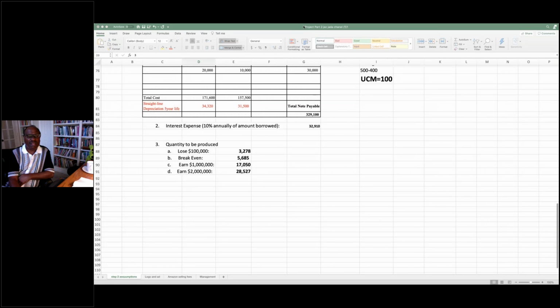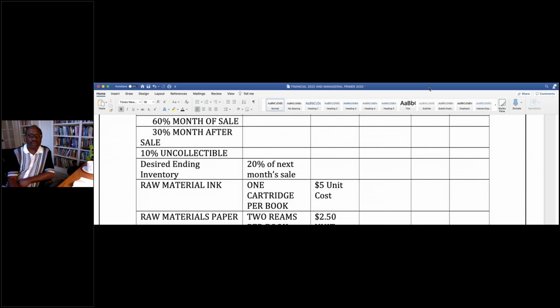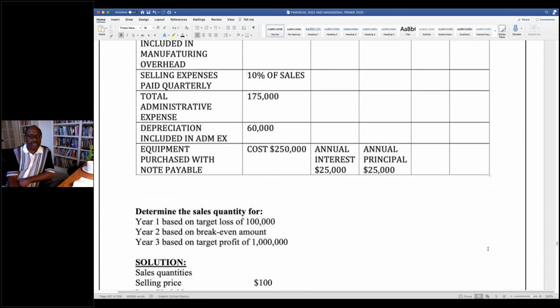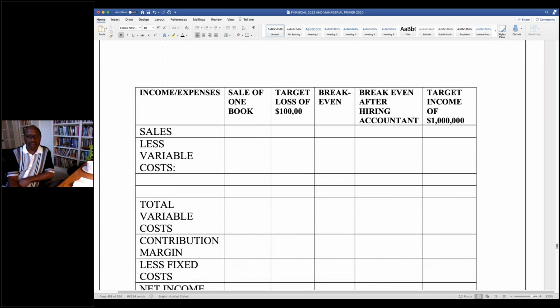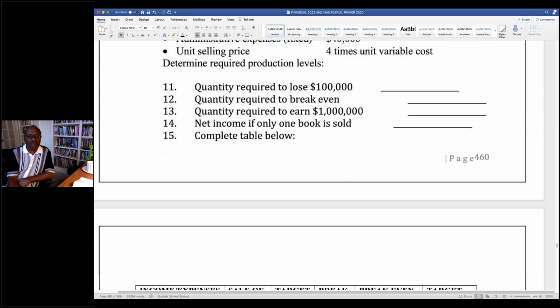Okay, so Tuesday, we move on to the master budget.